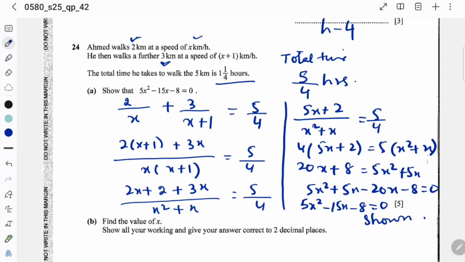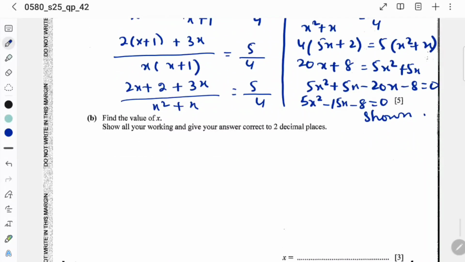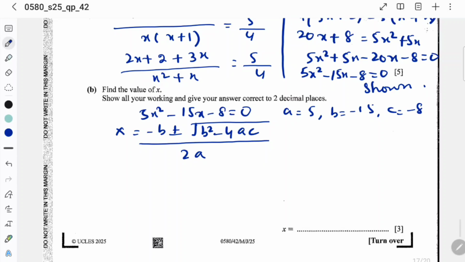Find the value of x, show all your working, correct to 2 decimal places. So this equation, 5x square minus 15x minus 8 equals 0. Factorization is not possible. Take the quadratic formula: x equals minus b plus minus square root of b square minus 4ac upon 2a. A is 5, b is minus 15, c is minus 8. I'm calculating myself.